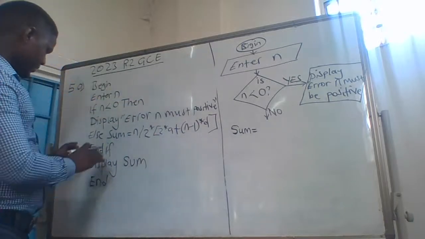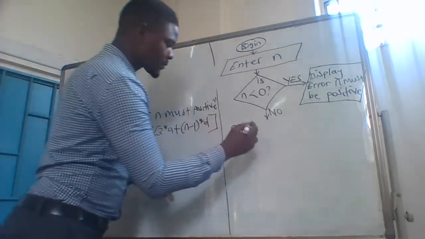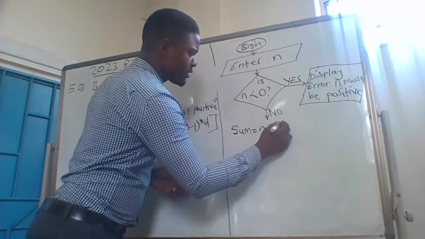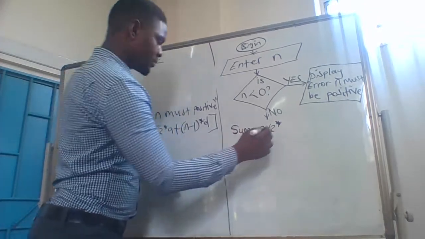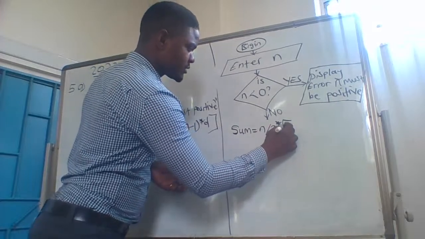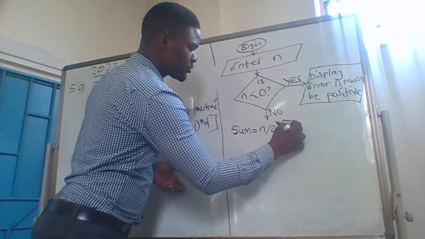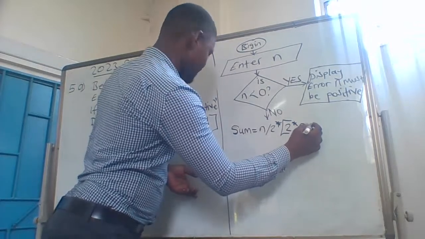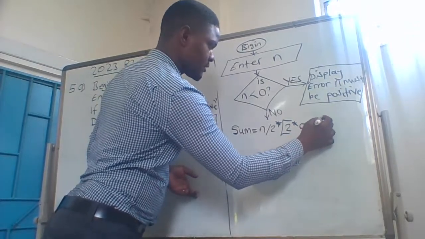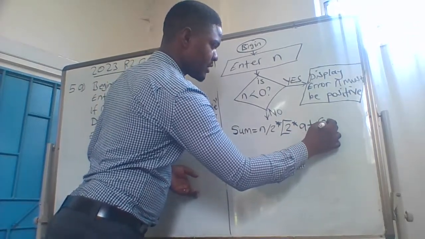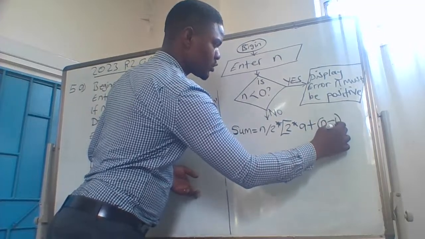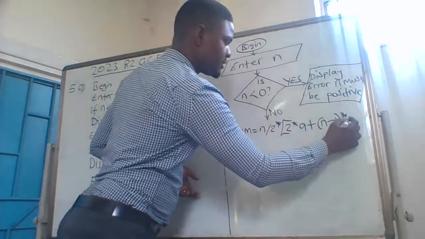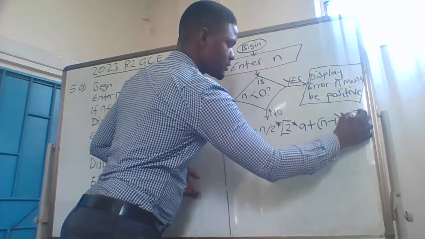Sum equals n over 2, times, open bracket, 2 times n plus, open bracket, n minus 1, close, times d, then you close.